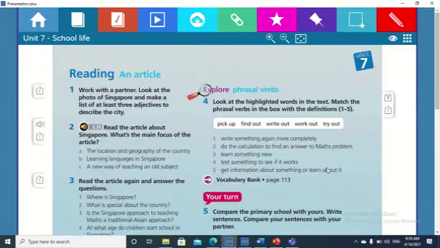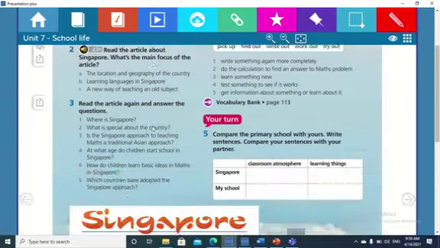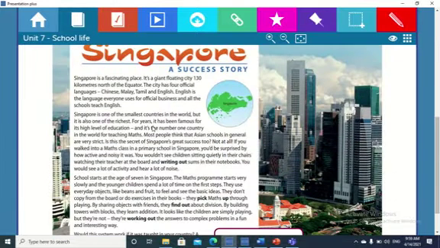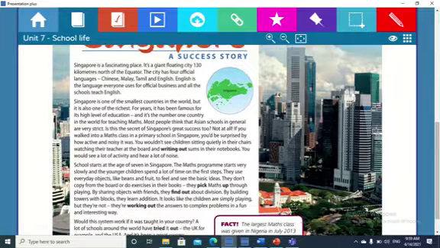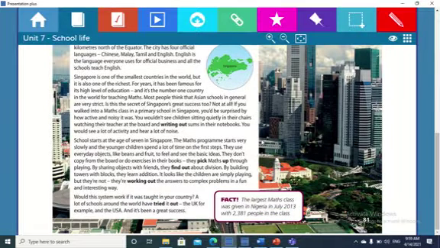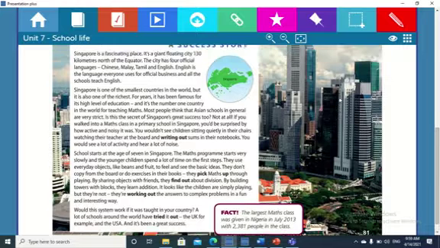The first thing is to start with number one. Work with a partner, look at the photo of Singapore and make a list of at least 3 adjectives to describe the city. So, if you take a look at this city, what adjectives can be used to describe a city or a country like Singapore?